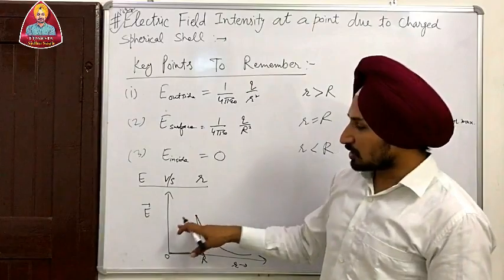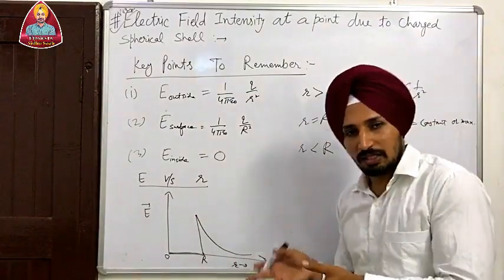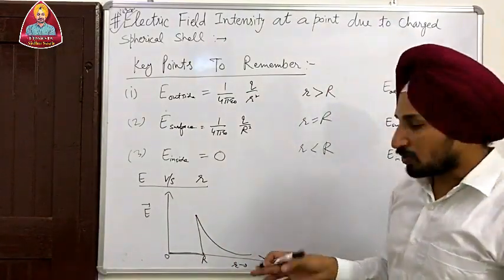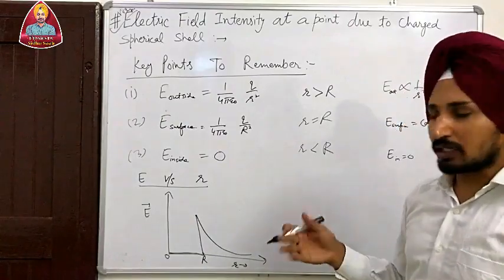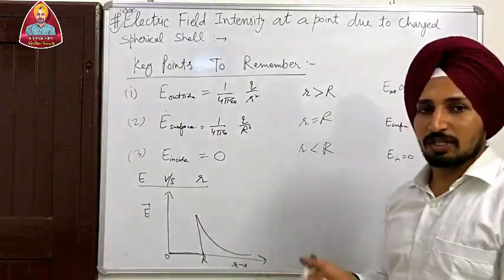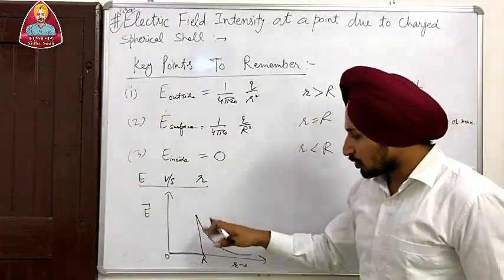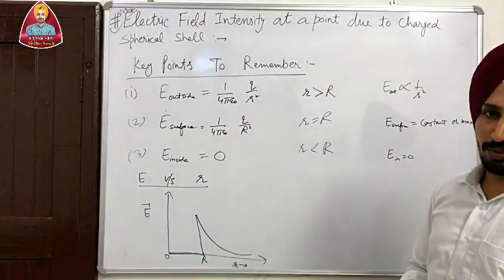This question may also be asked in the exams in objective type questions. You have to choose the right graph for E versus r for a charged spherical shell. So you have to take this type of graph.